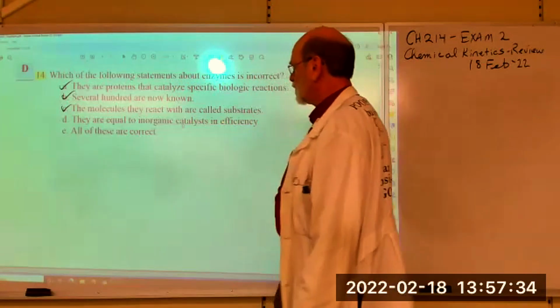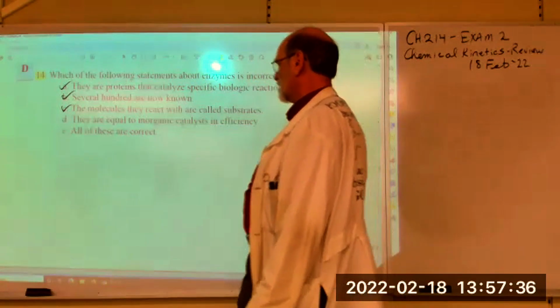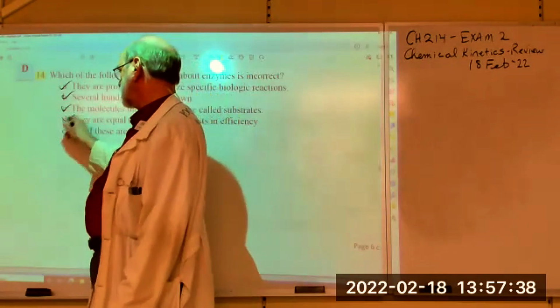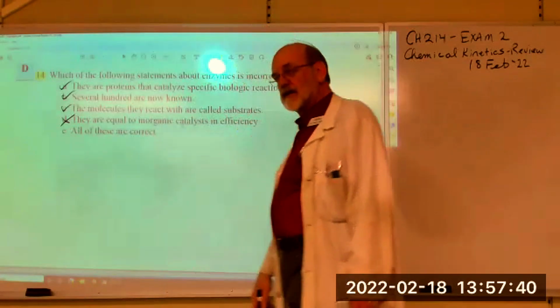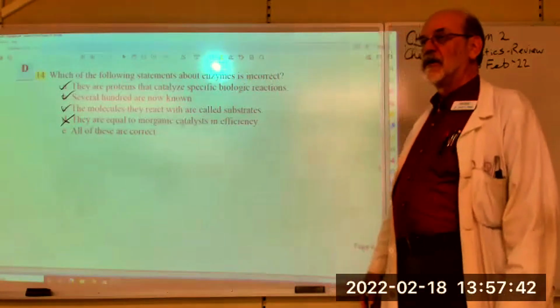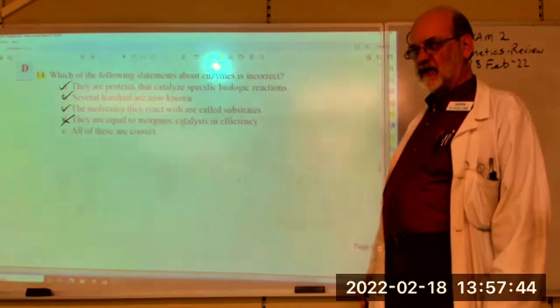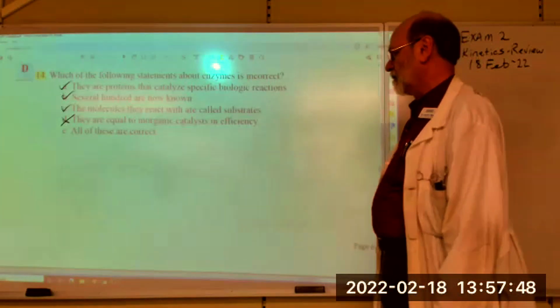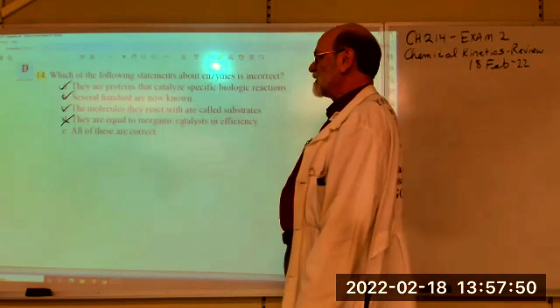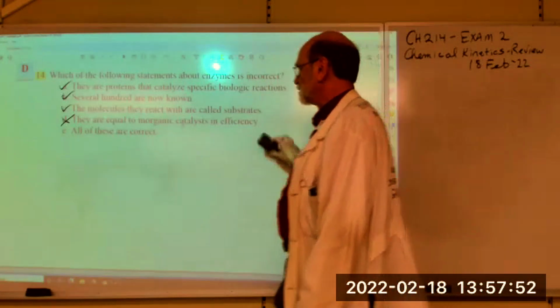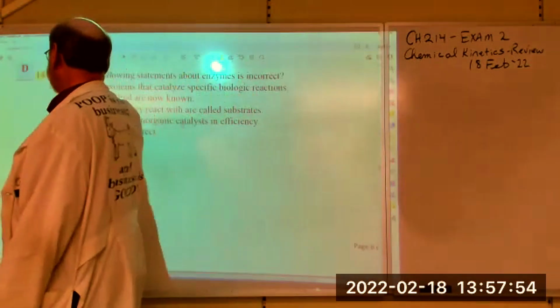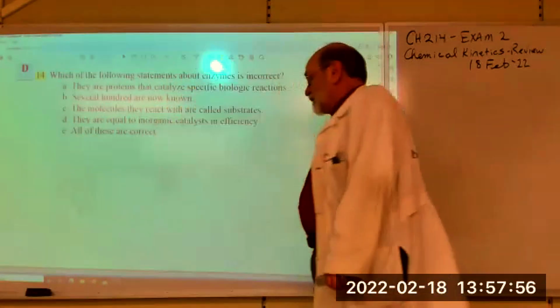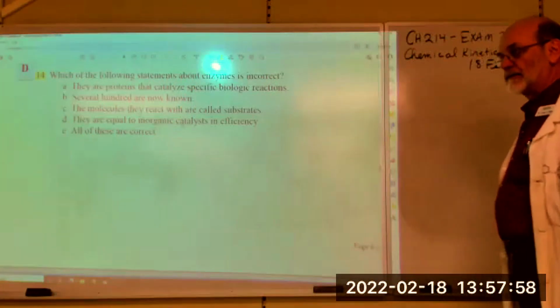They're equal to inorganic catalysts in efficiency. Actually, they're exceedingly more efficient than inorganic catalysts. Much, much more efficient. So D is the incorrect one. In fact, efficiency is not the only thing that they're good at.